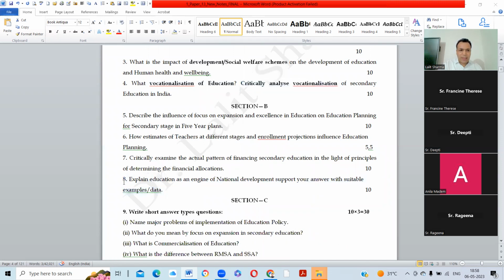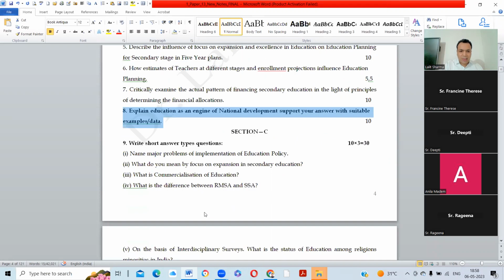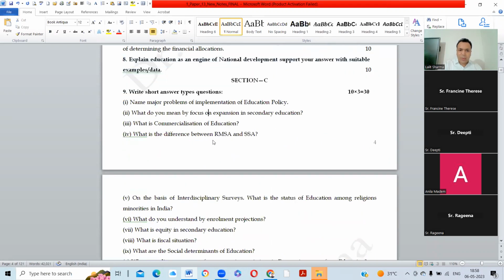questions. Okay, you can see that. Explain education as an engine of national development. Support your answer with suitable examples. Okay, guys, and in section C we can also discuss some questions like the difference between RMSA and SSA, Rashtriya Madhyamik Shiksha Abhiyan and Sarva Shiksha Abhiyan.